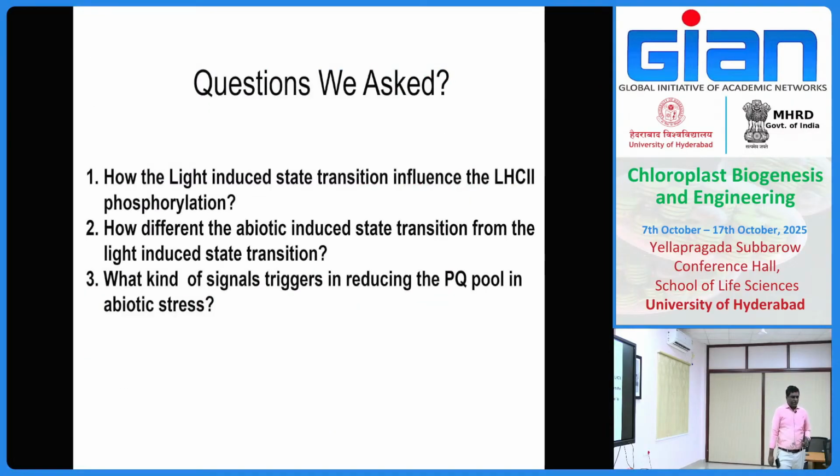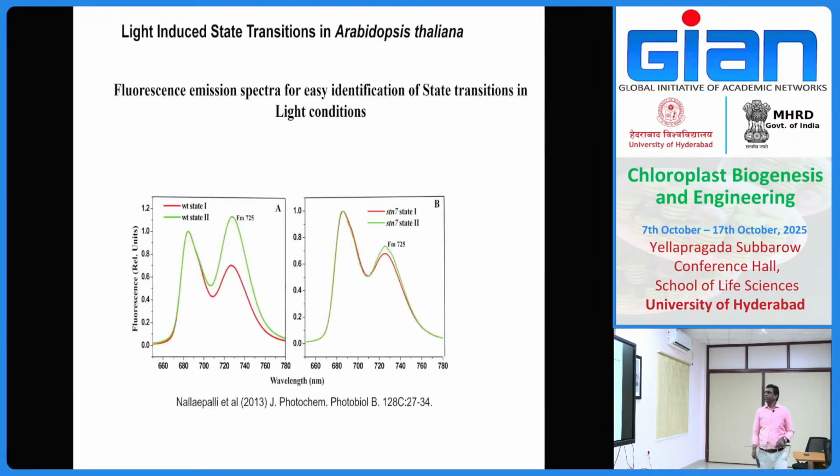Some of the data I would like to show here, but not much. From our laboratory, how light-induced state transitions influence the light harvesting complexes, how different abiotic stress can induce state transitions, and what kind of signals play a major role in inducing PQ pool changes.